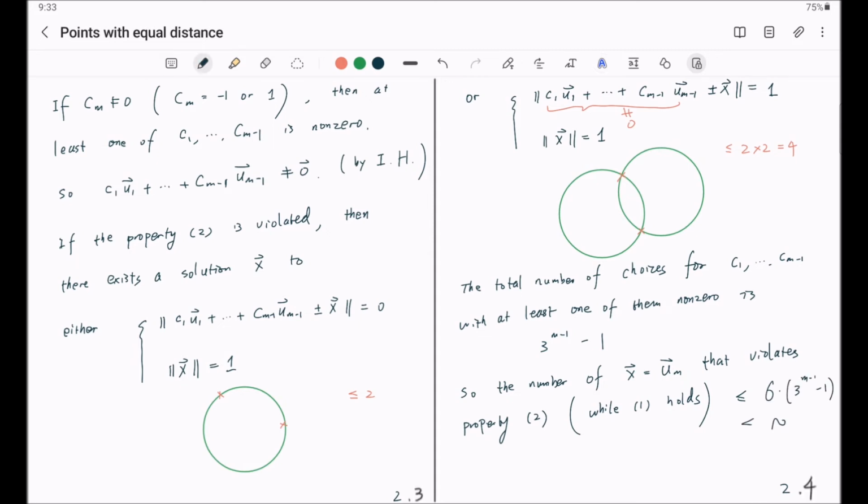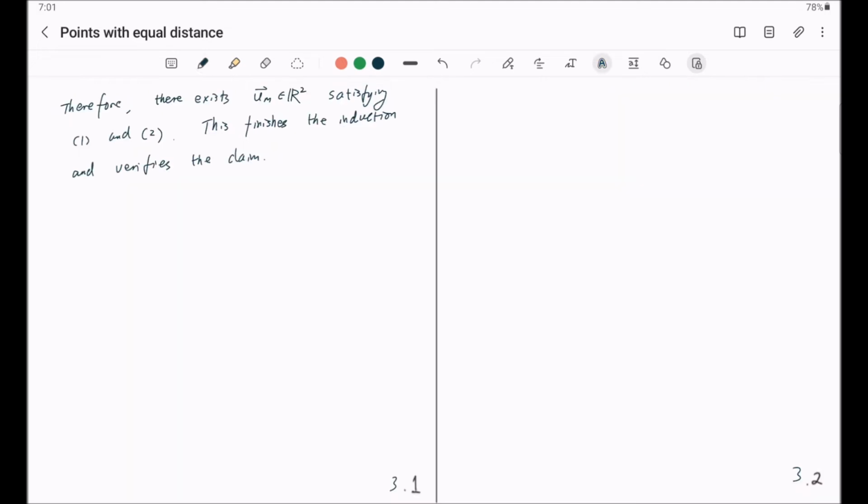Anyway, this is a finite number. Therefore, there exists U sub m in R2 satisfying number 1 and number 2. And this finishes the induction and verifies the claim.